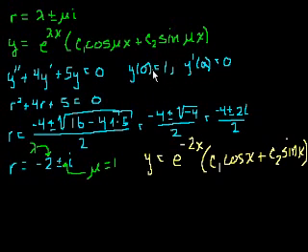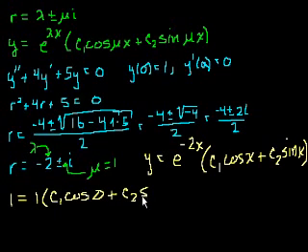So when x is 0, y is equal to 1. So y is equal to 1 when x is 0. So 1 is equal to, let's substitute x is 0 here. So e to the minus 2 times 0, that's just 1. So this whole thing becomes 1, so we could just ignore it. It's just 1 times this thing. So I'll write that down. E to the 0 is 1 times c1 times cosine of 0 plus c2 times sine of 0.